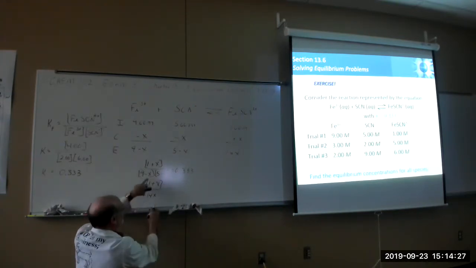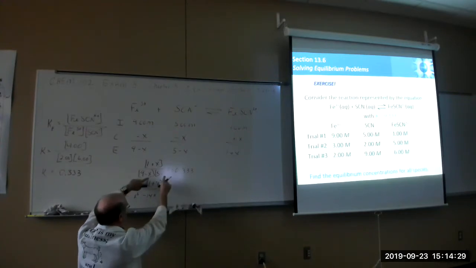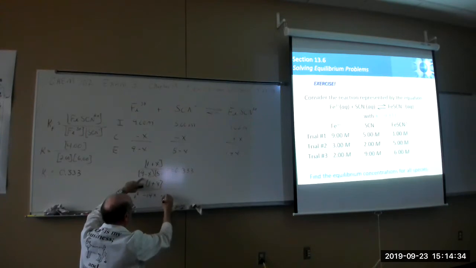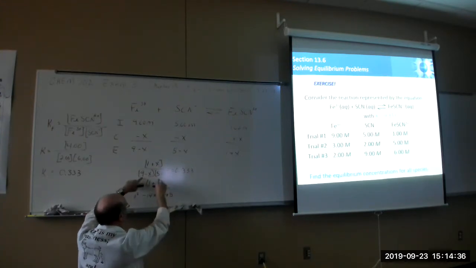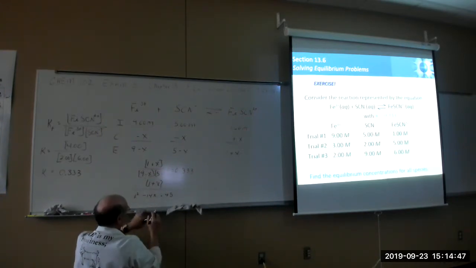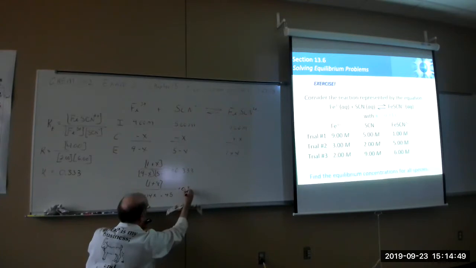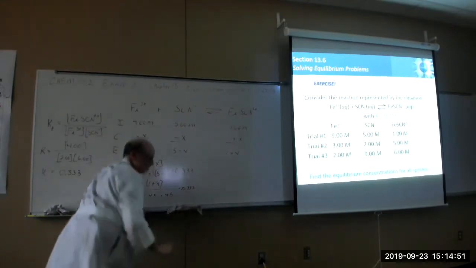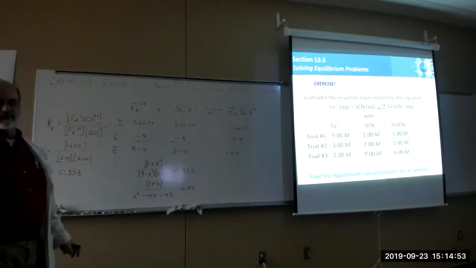I'm expanding the polynomial. So it's this one times this one, that one times that one, which is 45. And this one times this one plus this one times this one, and both negative. So they're negative 14, 5x, 9x. Okay? Just takes you back to algebra.